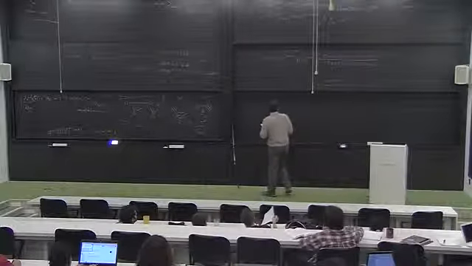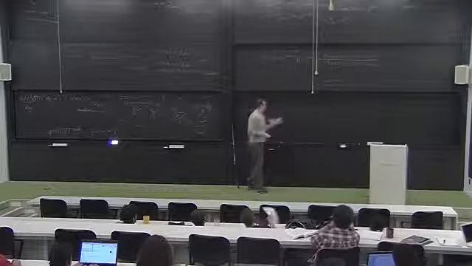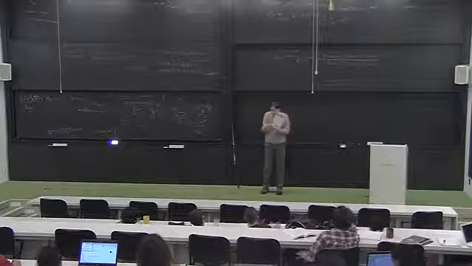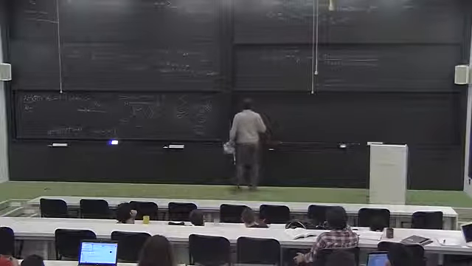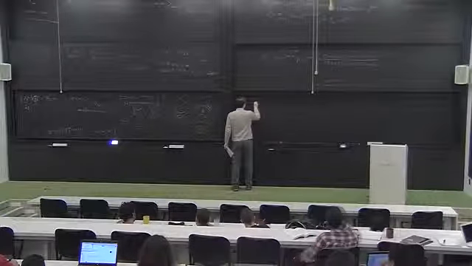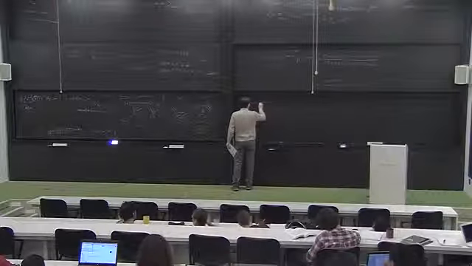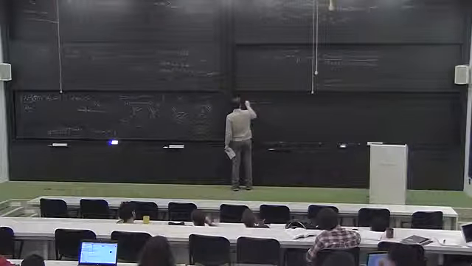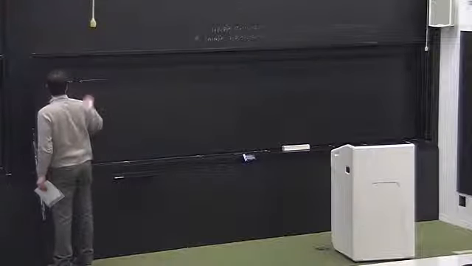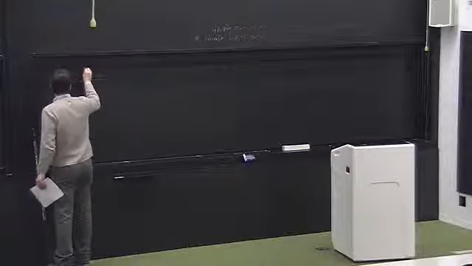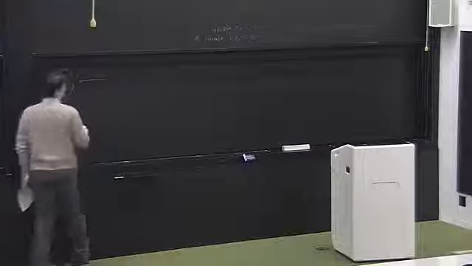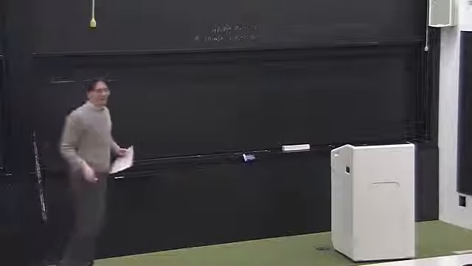So, if you study processes which probe the internal structure of your strings, suppose you take two tachyons coming in at very high energy, and then scattering off at some finite angle.